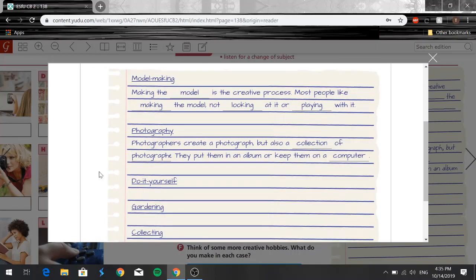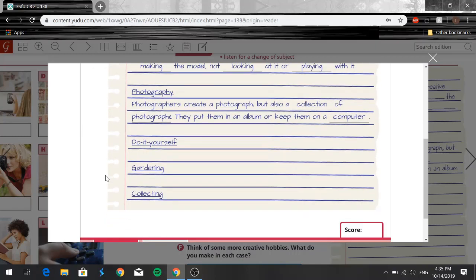Technology, digital photography especially, is making photography seem easy. But many people still enjoy using a conventional camera and getting the best possible image. Now, DIY, do-it-yourself, is another popular hobby.